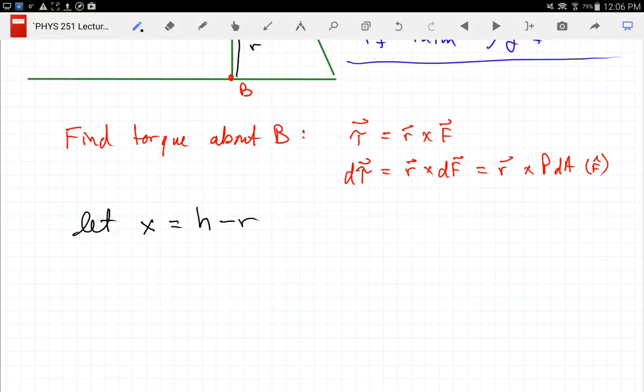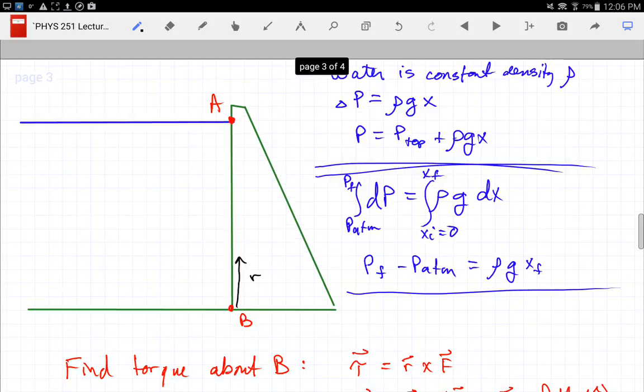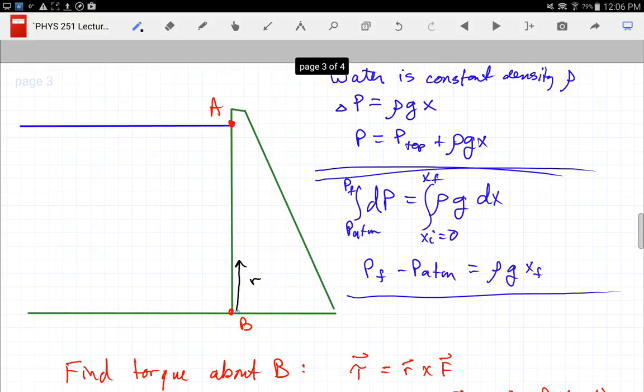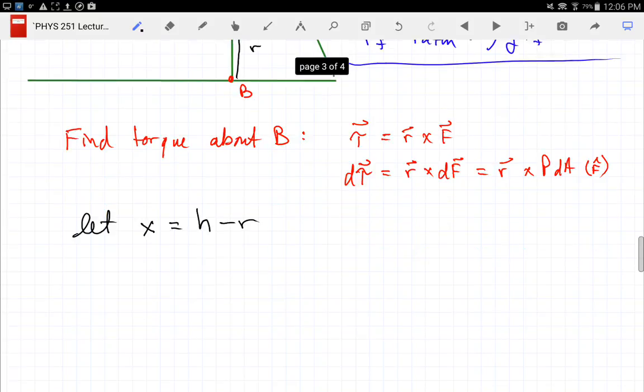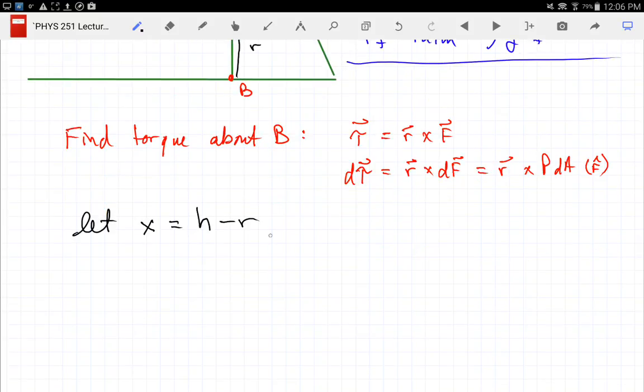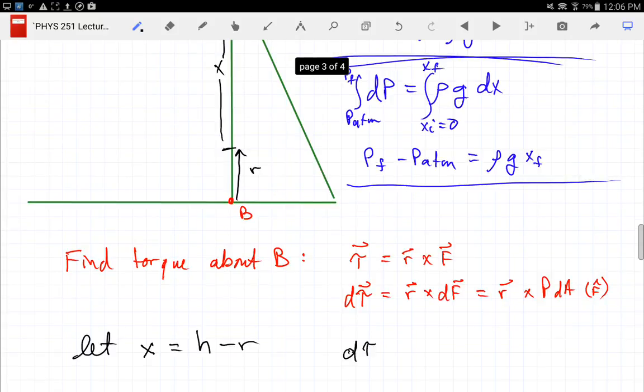Why do I do that? Because, looking at my picture, if r is 0, the depth is the height of the dam. And as r goes up, you have a smaller distance. So now that I've made that switch in variable, I'm dropping off the vector sign. Why? Because my R is vertical.